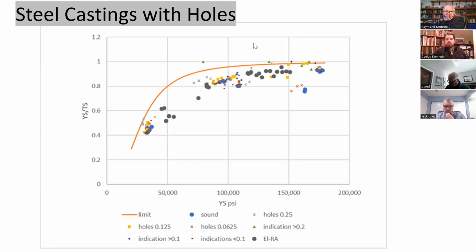You have to get to very large holes before you begin to see any effect of getting towards this line, which is theoretically the safe line. And so to me, one of the things I do when I have test bars that don't meet the properties is to look at the yield strength tensile strength ratio. And if it's where it's supposed to be, then I'm confident that that bar had a hole in it. And so this is really, I think, one of the more useful things to look at.